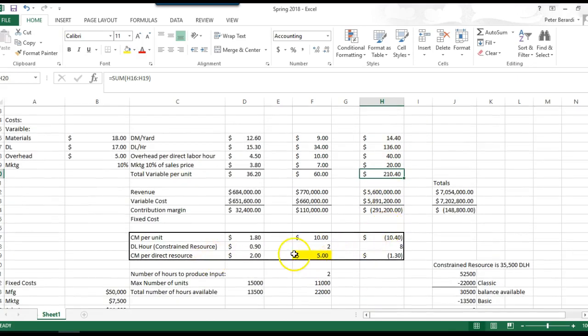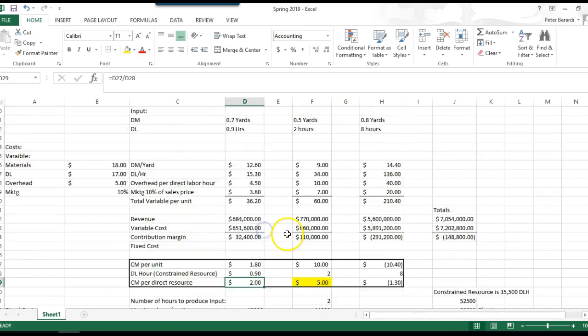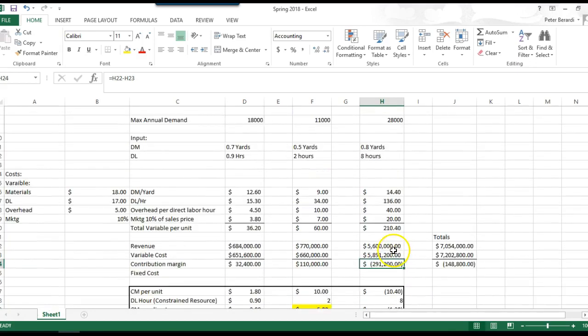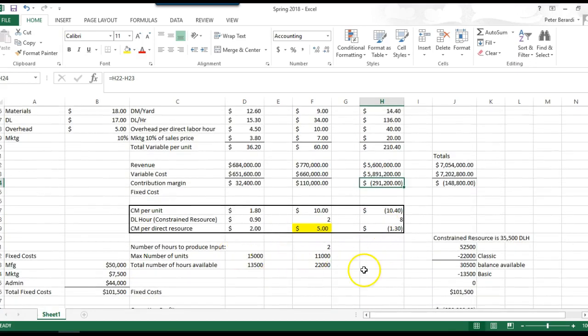So once again, the most profitable product in our mix per constrained resource of direct labor hour will still be classic at 5. Next is basic, and I'm not sure we even want to make formal, but we'll see how the problem works out.